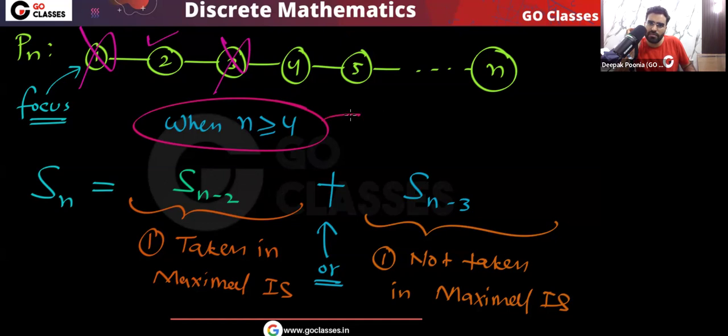Why? What is the reason? Because if n is equal to 3, then here I will get S1 plus S0. But we don't have S0. Every graph must have at least one vertex.